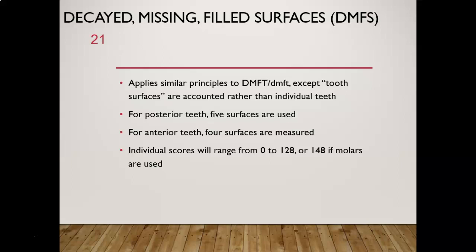For posterior teeth, 5 surfaces are used, including the mesial, distal, buccal, lingual, and occlusal surface. And for anterior teeth, the 4 surfaces measured are those other than the occlusal surface, so buccal, lingual, mesial, distal.